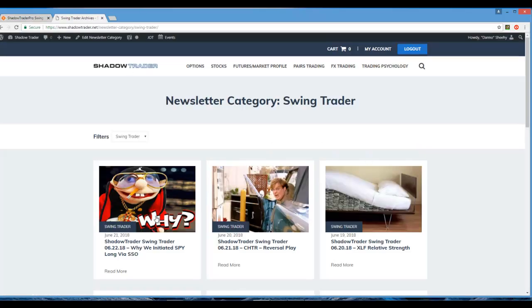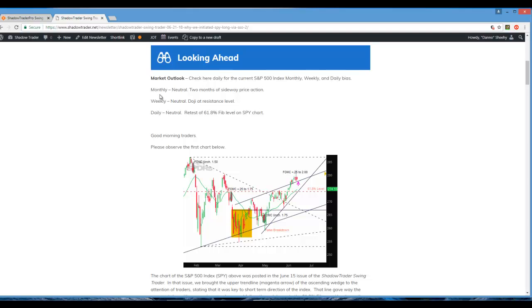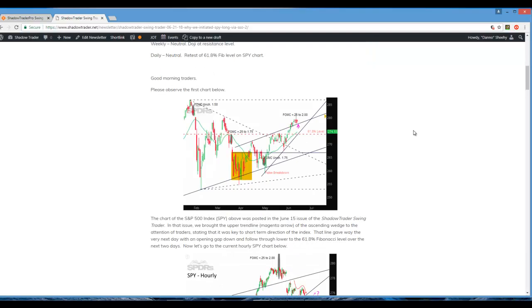But we've got a lot going on in the Swing Trader. We've got a looking ahead section, which starts off with what we see on the monthly chart, the weekly chart, and the daily chart, normally of the S&P 500.